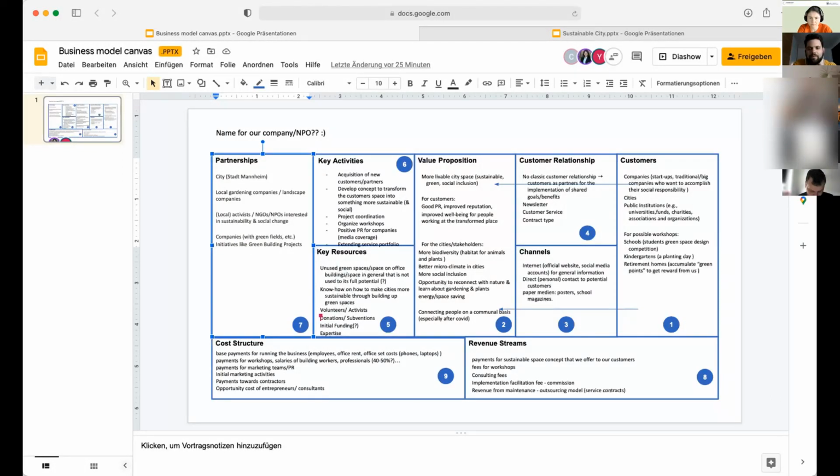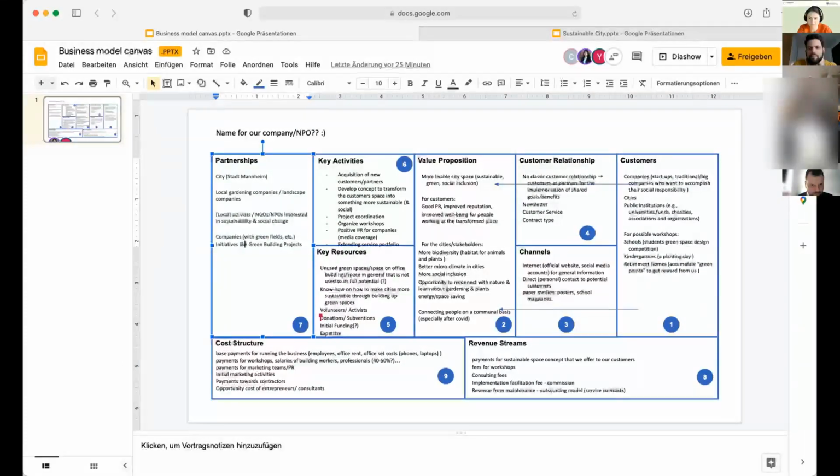Our cost we're planning to keep bare minimal: just initial marketing activities, and more like an opportunity cost of the entrepreneurs, or us as a team doing the consulting. So you would have a very basic cost structure in the beginning, and your payments towards contractors and their salaries would be a huge cost, but that would be offset by the revenue that comes in.